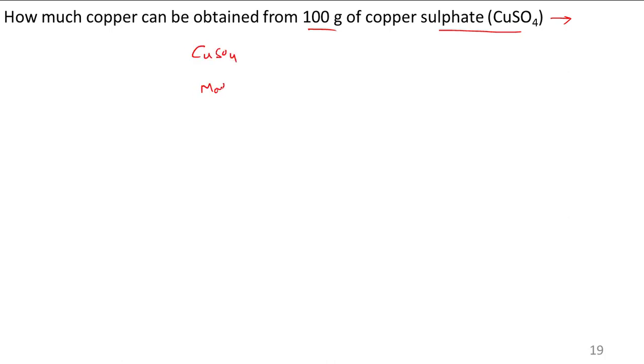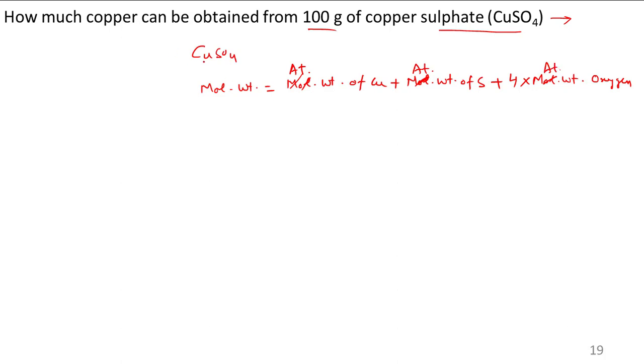So its molecular weight is equal to atomic weight of copper plus atomic weight of sulfur plus 4 times atomic weight of oxygen. As these are atoms, it is better to use the word atomic weight, because copper is an atom, sulfur is an atom, and oxygen is also an atom.